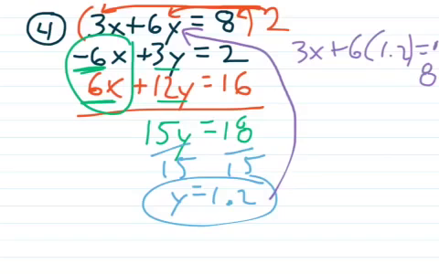Okay? That means 3x plus 7.2 equals 8. There we go. That's a little bit better.